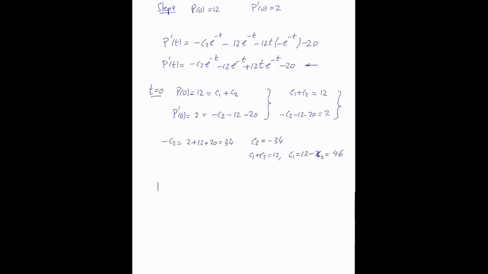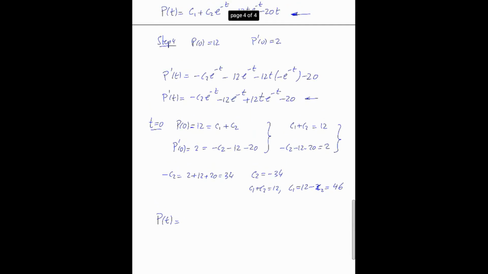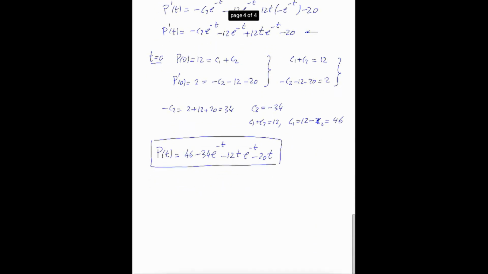And we have the solution of this right here: c1 is 46, plus c2 is minus 34, e to the minus t, minus 12t e to the minus t, minus 20t. And that completes the problem fully. Remember, for this type of equation, first is the homogeneous.